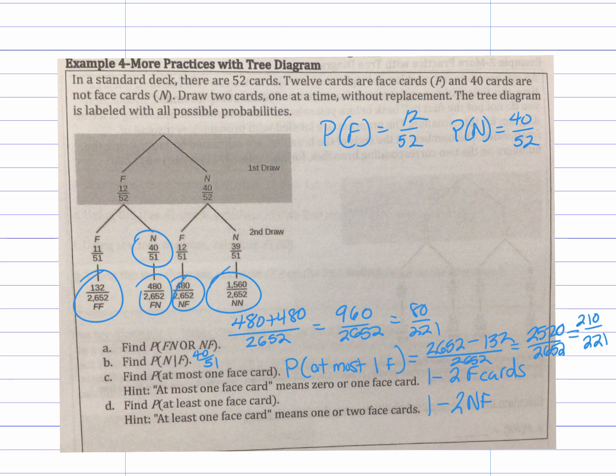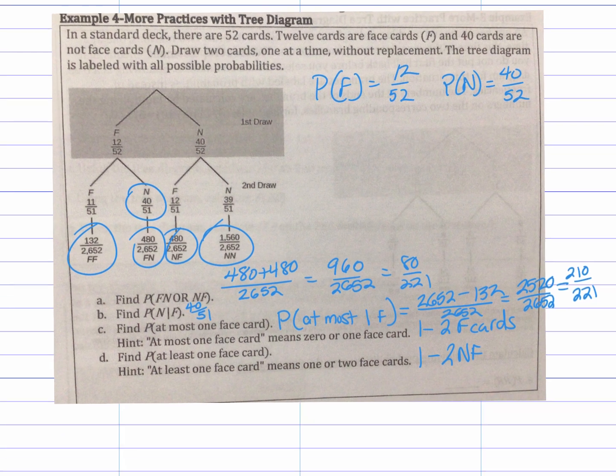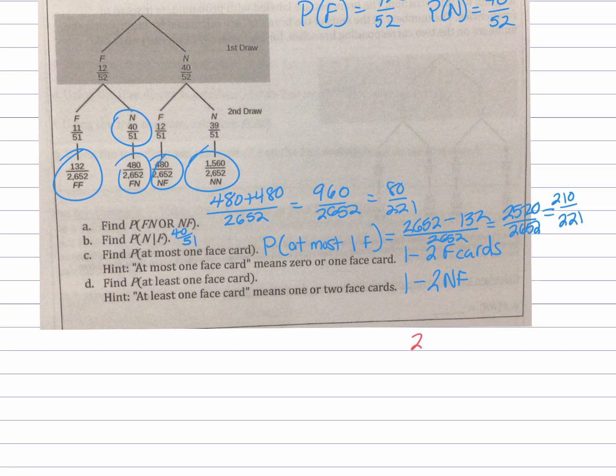So this would be 2,652 minus 1,560 over 2,652. And if you do the math, you get 1,092 divided by 2,652, or 7 over 17.